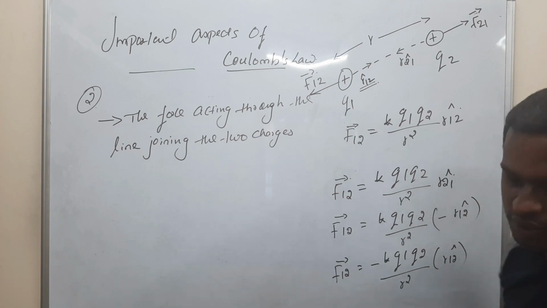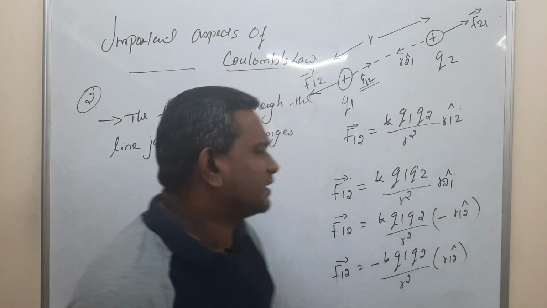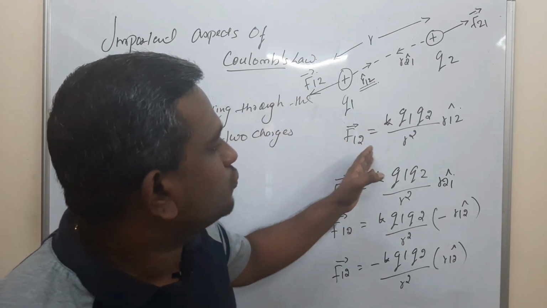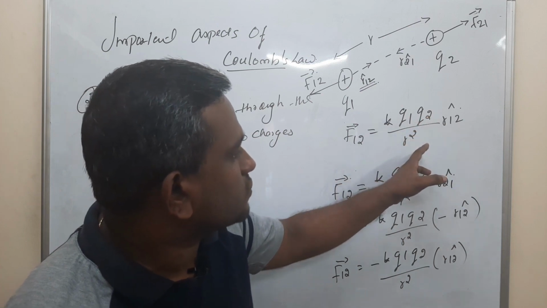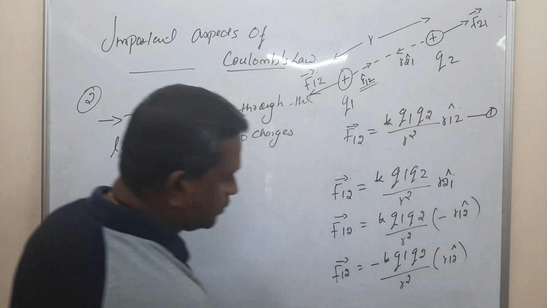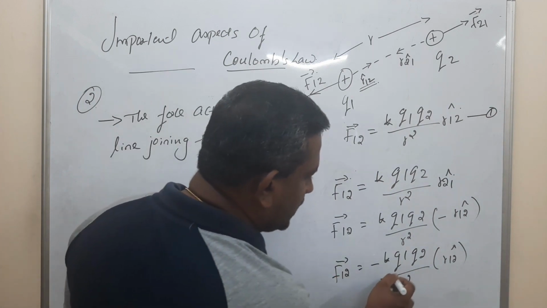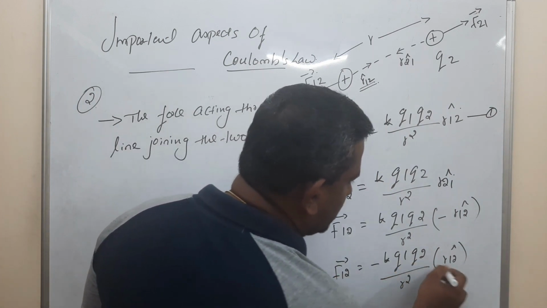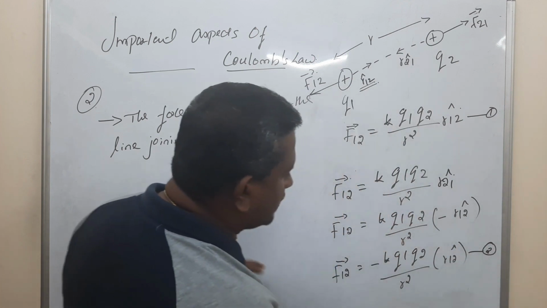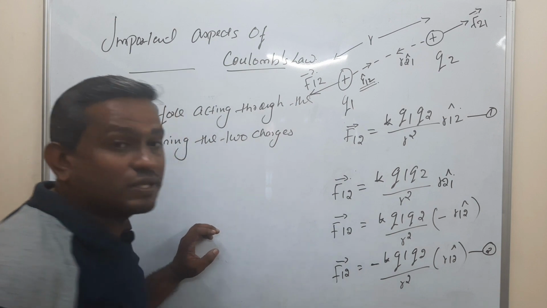So from this what we can understand is that both forces are the same in magnitude. Look here: F12 is equal to k into q1 q2 by r square r12 cap, this is the first case. And F21 vector is equal to minus k into q1 q2 by r square r12, this is the second case. Both are the same, only an extra minus comes.